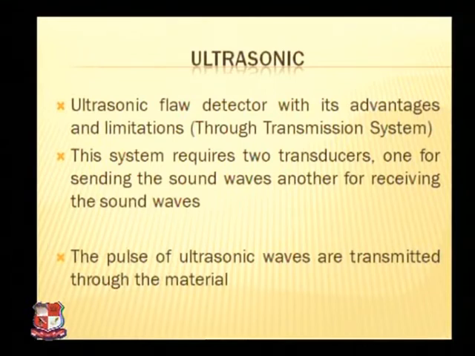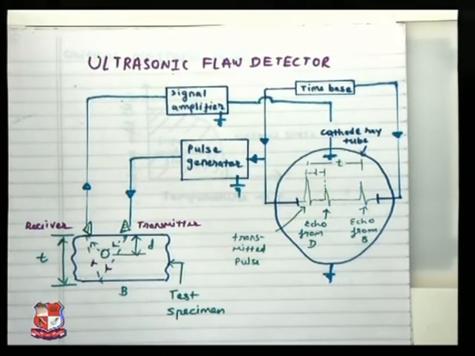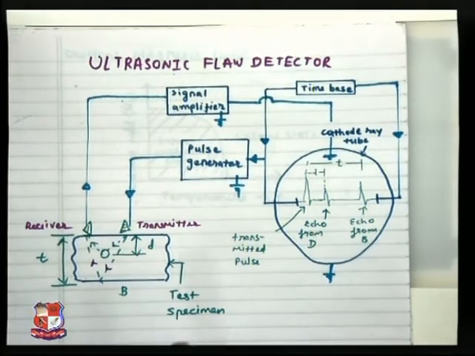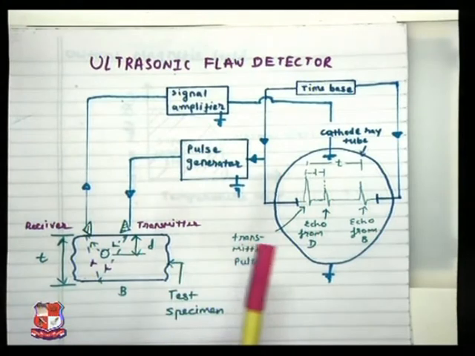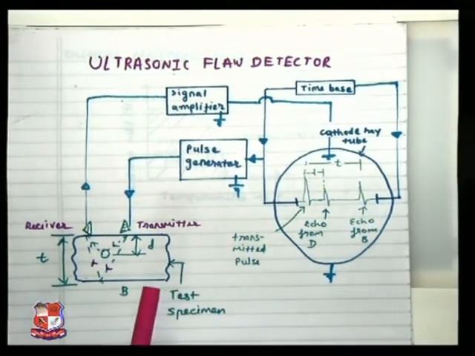Let us see the diagram first of all. You can see here the diagram of the ultrasonic flaw detector. You need to draw this diagram first of all inside your answer paper.